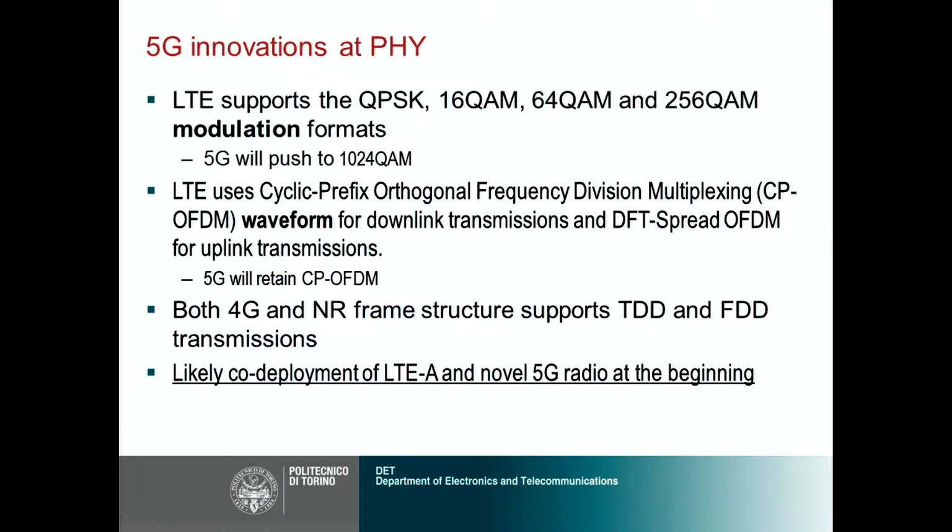We see other modulation formats. LTE went as high as 256 QAM. 5G new radio already has some prototypes, and I mentioned yesterday that a couple of weeks ago we had a demonstration at Politecnico by Ericsson where they had this really large antenna and big receiver, but what they demonstrated were bit rates above 2 gigabit per second, and they were using 1024 QAM modulation, which works very well only if you really have a very favorable SINR.